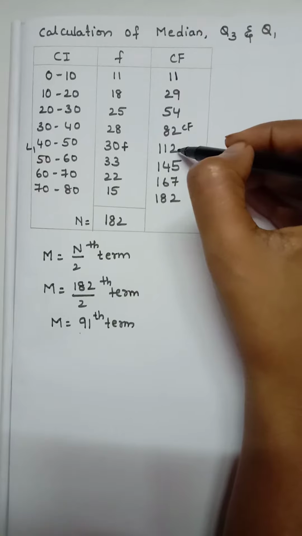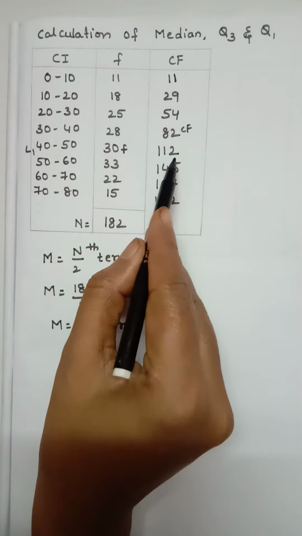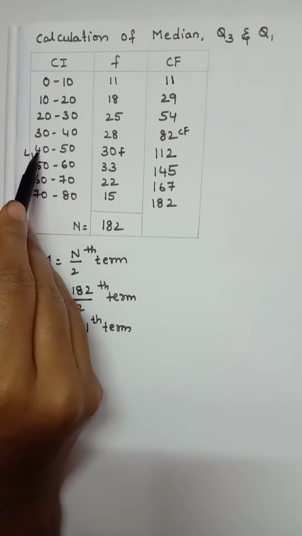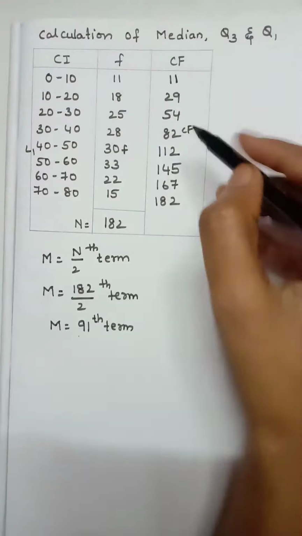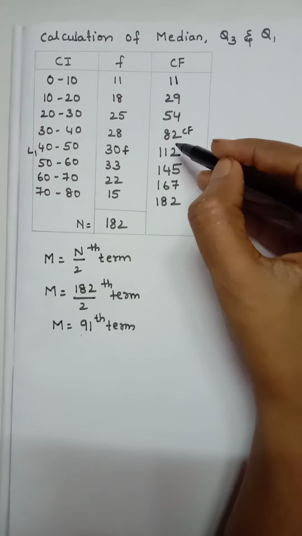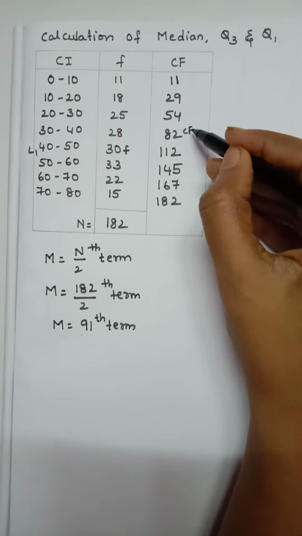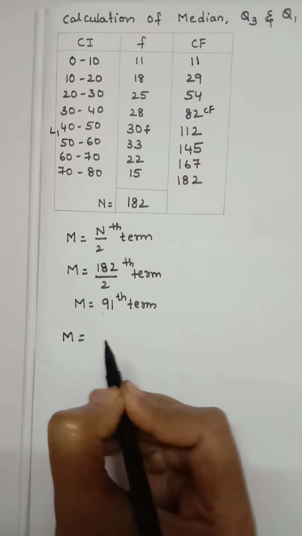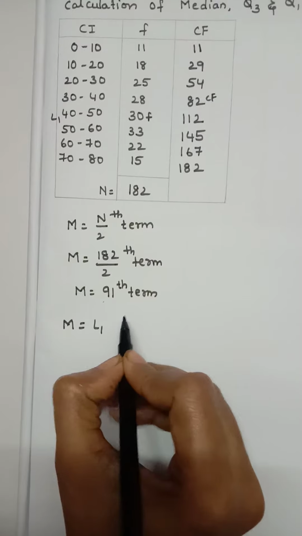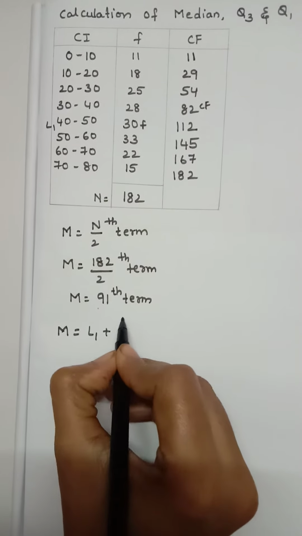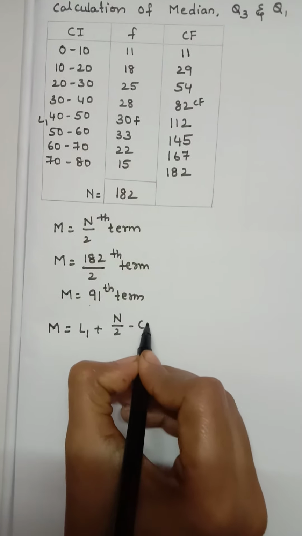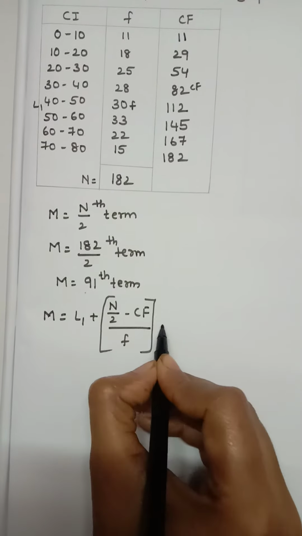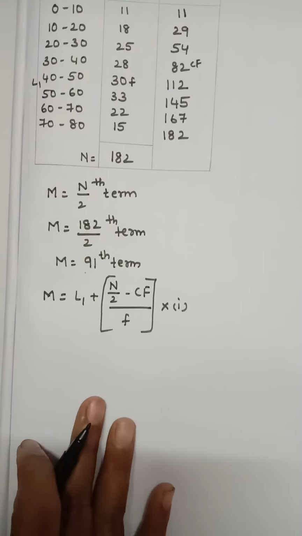So immediately the frequency becomes F, the lower class interval becomes L1, and the cumulative frequency before this number becomes CF. Now write the formula of median: M is equal to L1 plus n by 2 minus CF divided by F into I. This is the formula for median.